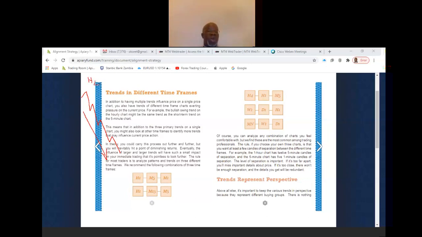The point is it's going down. So on a smaller time frame, the 1 hour, you'll have a version of what is happening there in terms of the structure. So the 1 hour will probably go something like this.